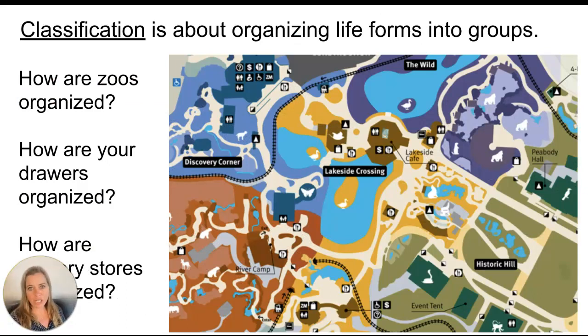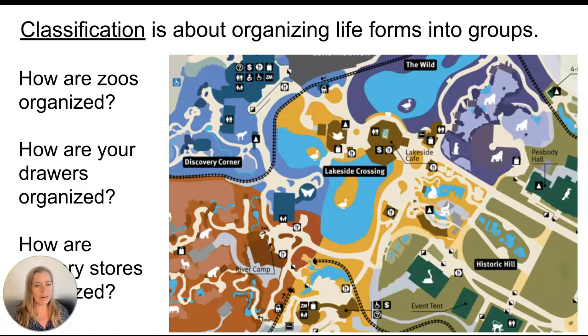So classification is about organizing forms into groups, and so that's why I brought up the zoo. If you thought about how zoos were organized, you might have all of the reptiles together, all of the butterflies together, all of the organisms from South America together, all of the organisms from deserts together. You're going to group them based on either ecosystems or country of origin or something along those lines.